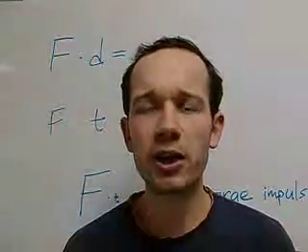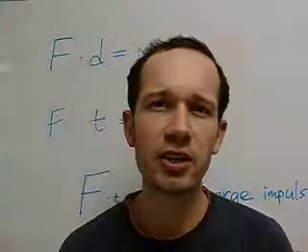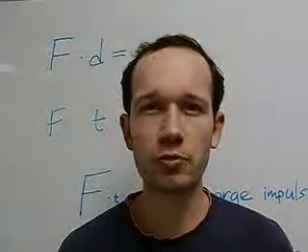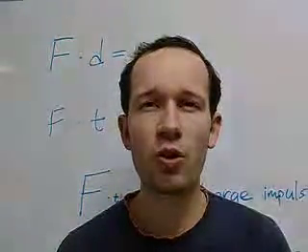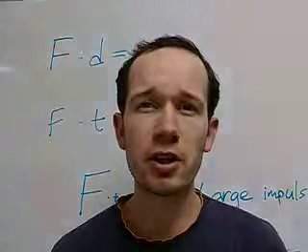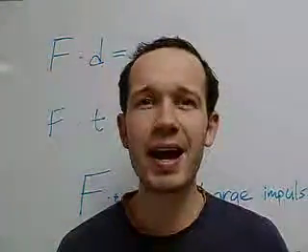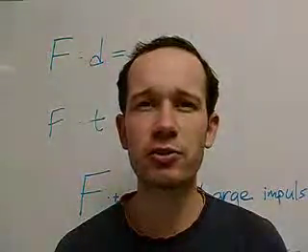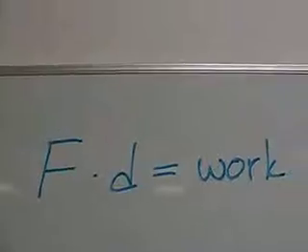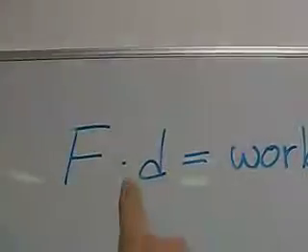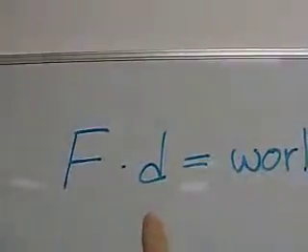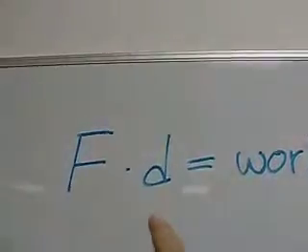And how long can be thought of in two different ways. How long could mean a distance, or how long might mean time. How much time is the force in action? Now, force times distance, if how long means a distance, over how long of a distance the force is in action.